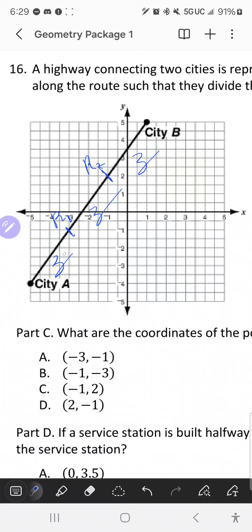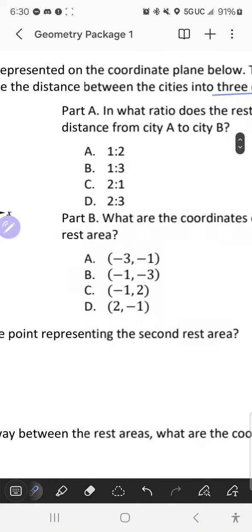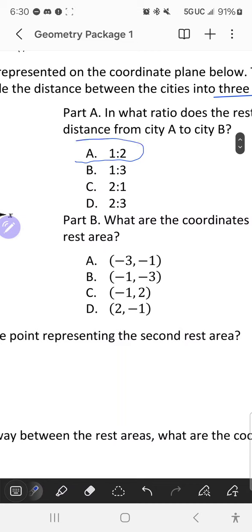You can see right now that from A to R1 we have 1 segment, while from R1 to B we have 2 segments. So our ratio is going to be 1 to 2, because here we only have one segment and here we have two segments.